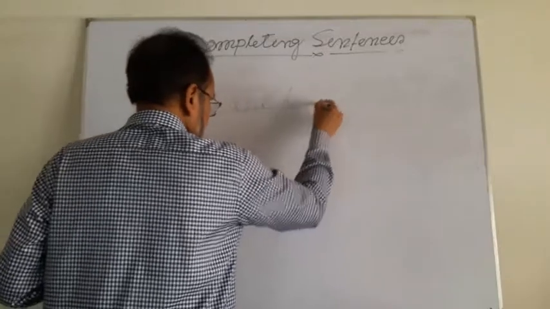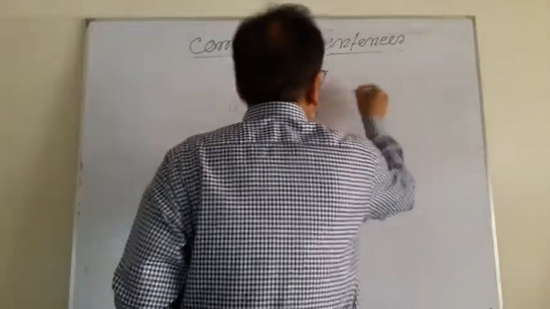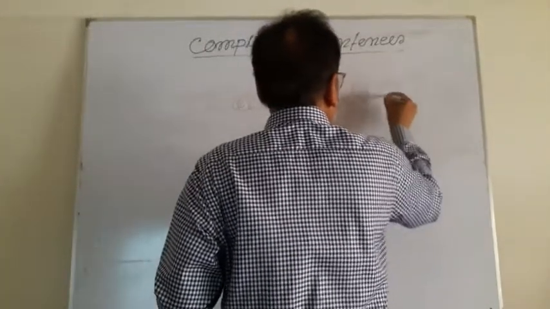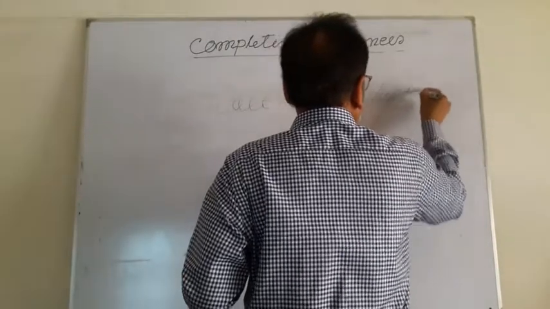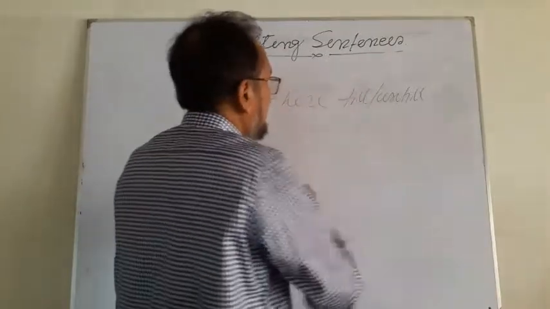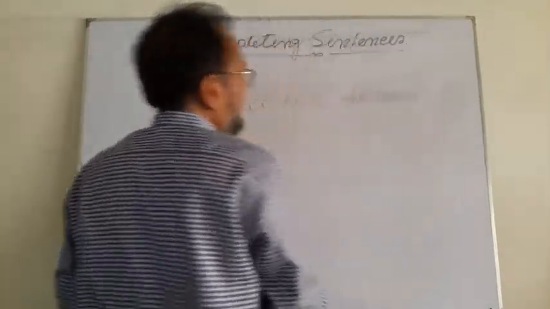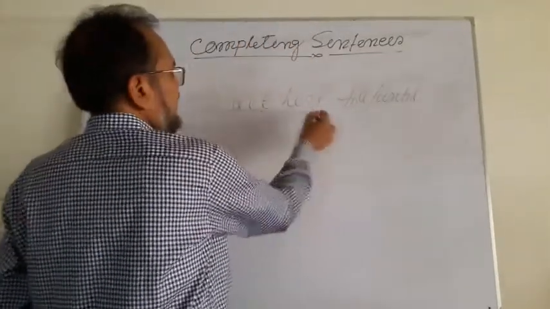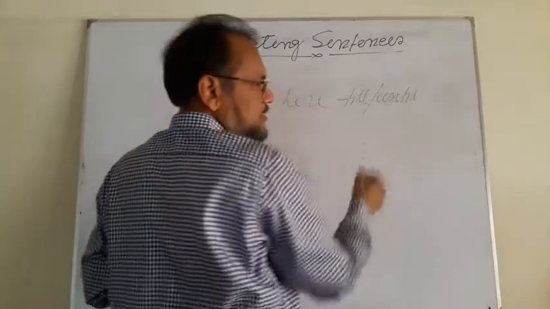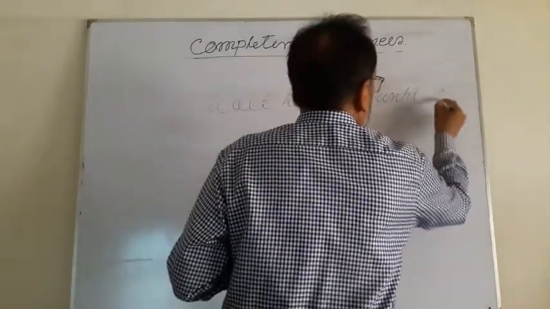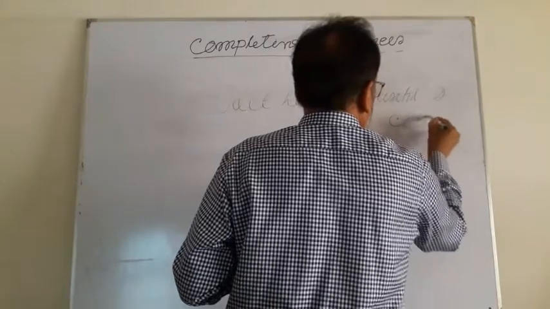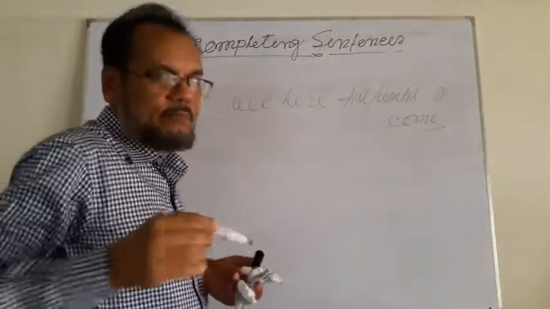Suppose, wait here until I come. Wait here. Till or until, any word. Till T-I-L-L, until U-N-T-I-L. Wait here till is used, until is used. I come. The sentence is affirmative.